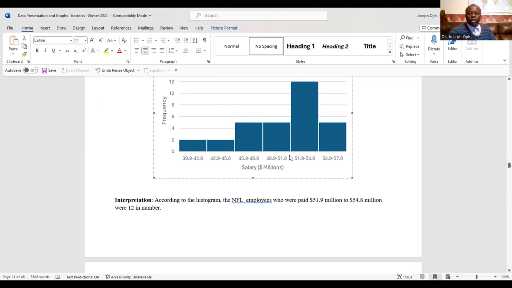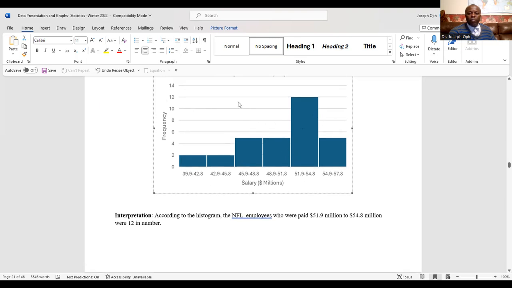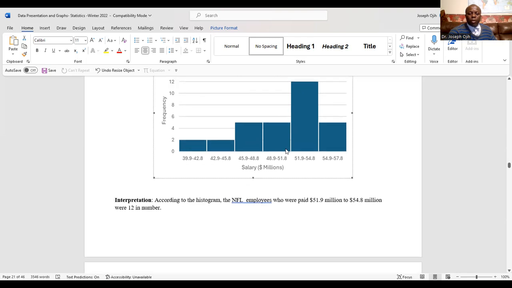Those that make 51.9 million to 54.8 million, there are 12 of them. So according to this histogram, the NFL employees that make the largest amount during that season are 12 in number. It's right there.